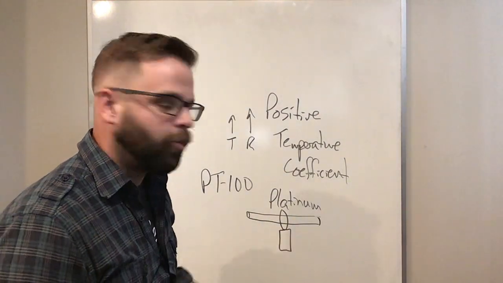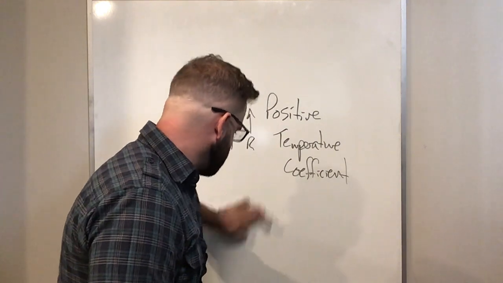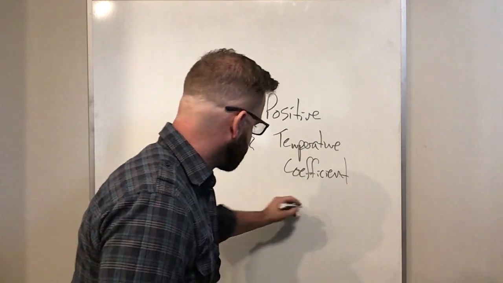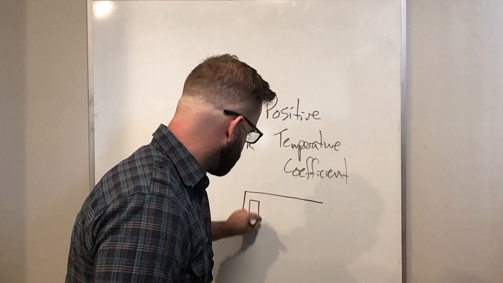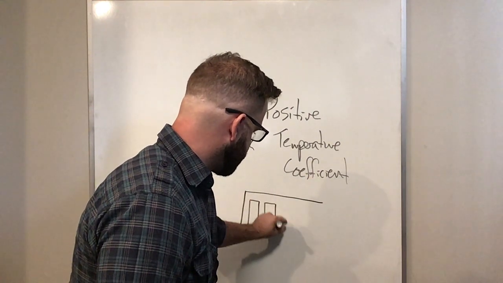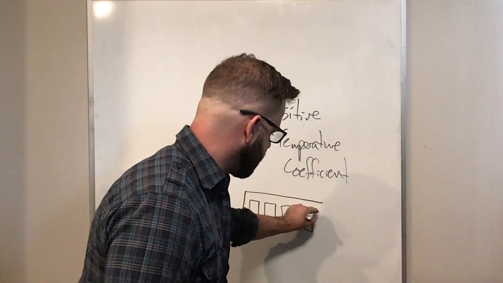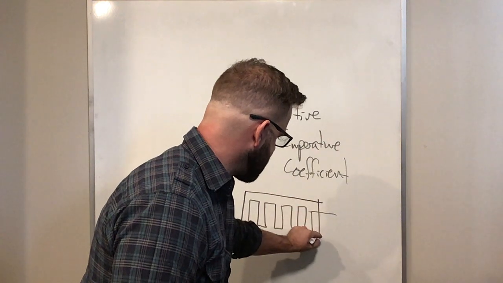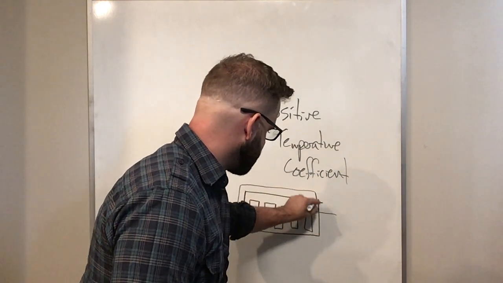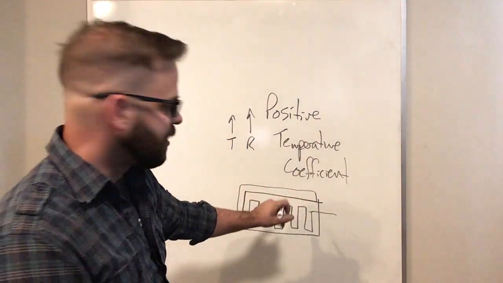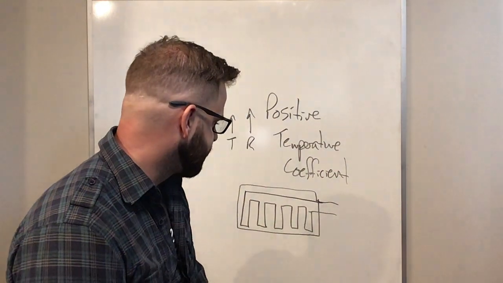And that platinum wire on that RTD, as I said, typically is brought out on a little pattern like that and put on a slab of ceramic, or encased in a slab of ceramic, and then that whole thing is covered in glass to protect the whole thing.